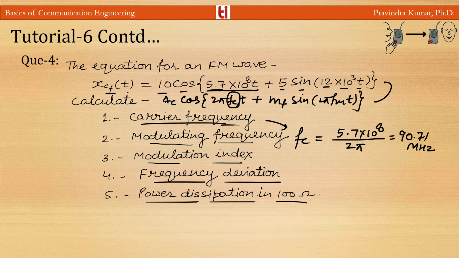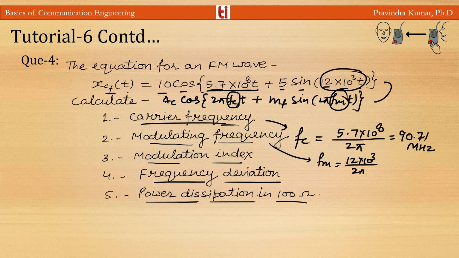This is the carrier frequency, and the modulating frequency Fm will be 12 into 10 to the power 3 by 2 pi, and it will be equal to 1.909 kilohertz.